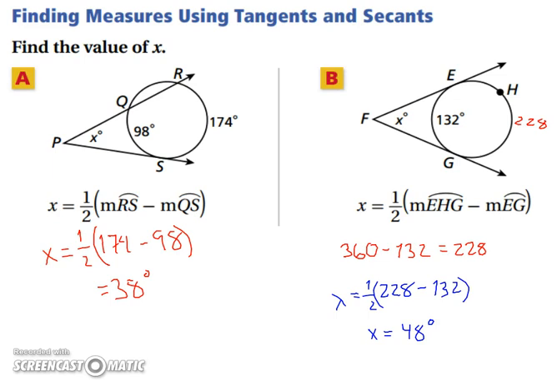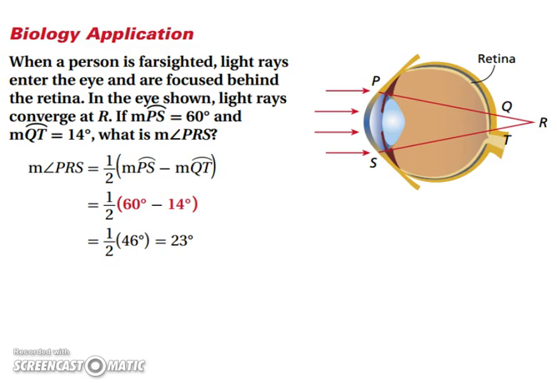Let's try a real-world application. When a person is farsighted, light rays enter the eye and are focused behind the retina. In the eye shown, light rays converge at R. If the measure of arc PS equals 60 and the measure of arc QT equals 14, what is the measure of angle PRS?